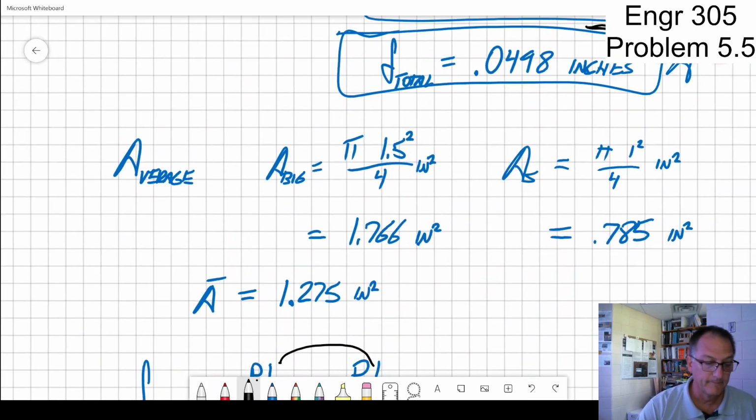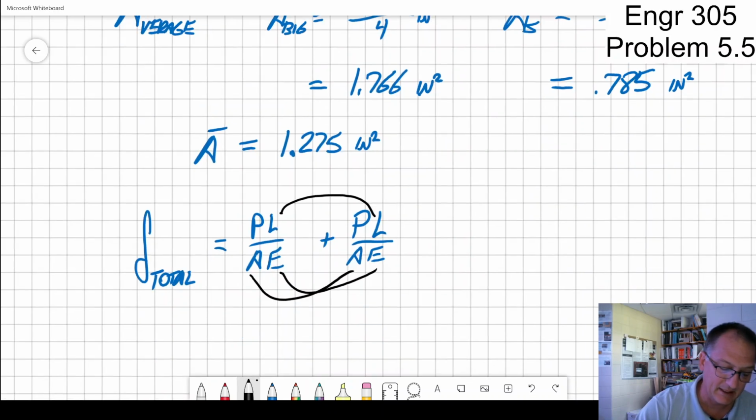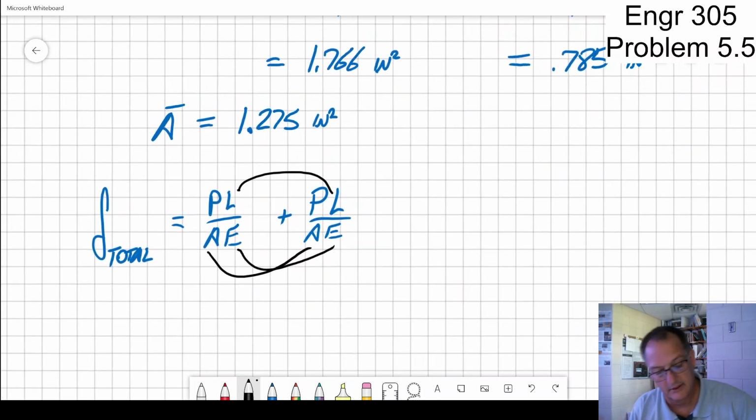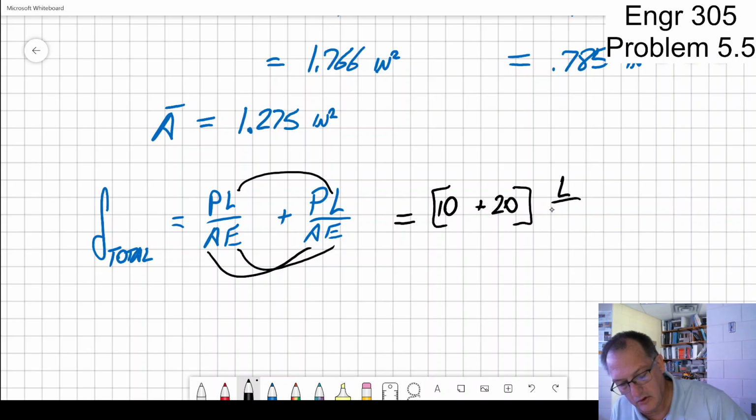Yeah, they're both 4 feet. But my P's are different. So I've got 10 plus 20, times L over AE.